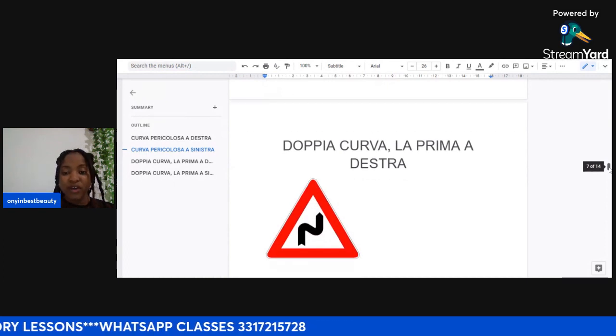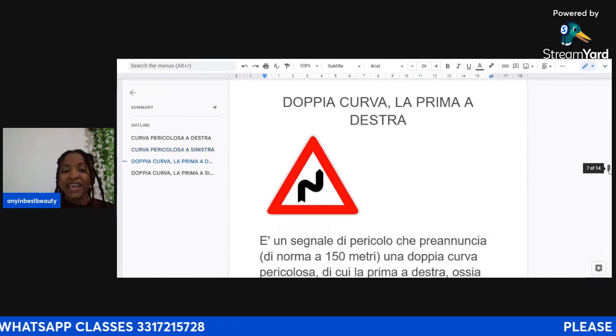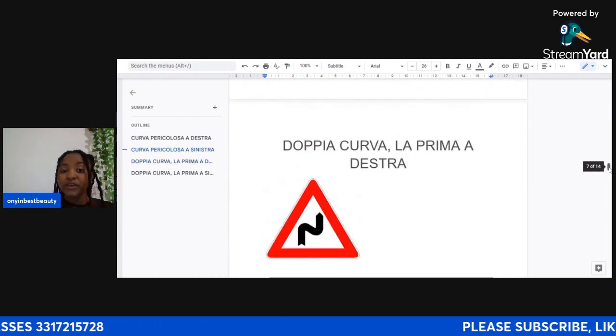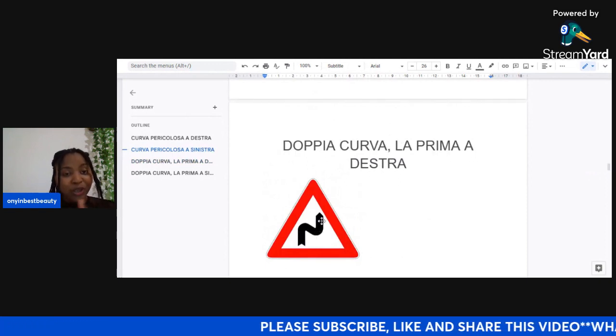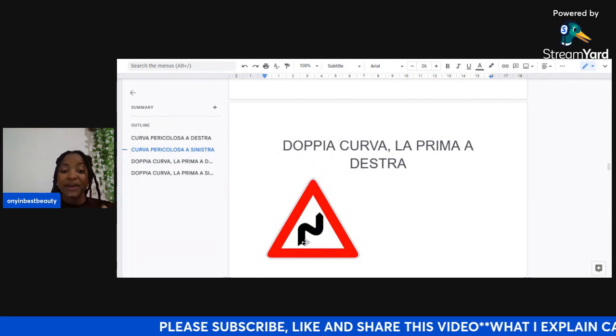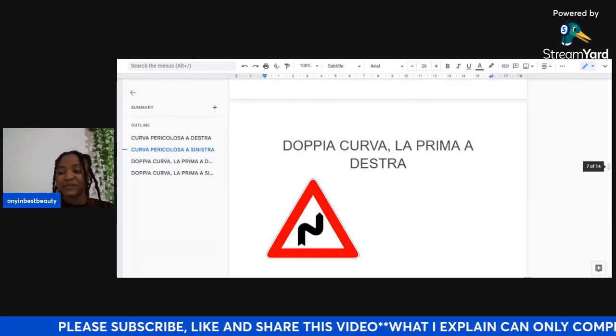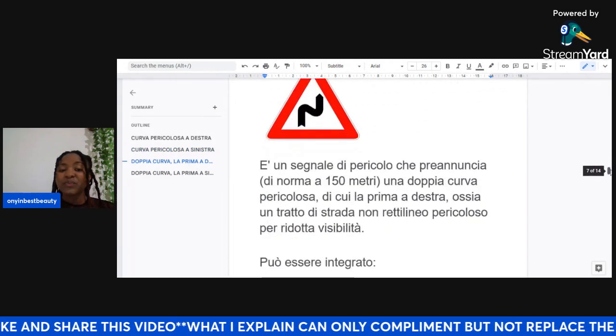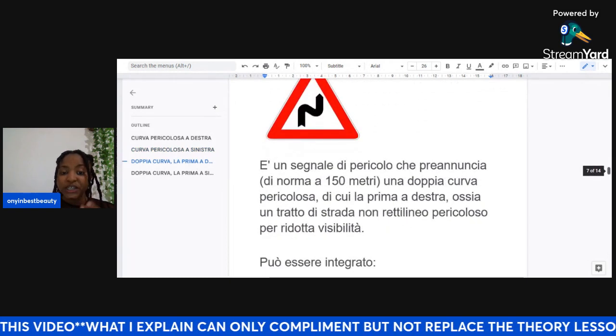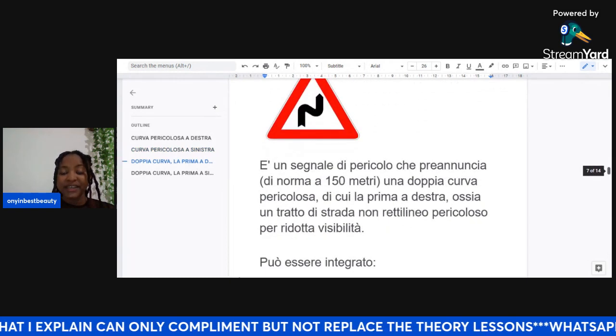Now we get doppia curva, la prima a destra. This one, they tell you of a double curve, the first one to your right, just as seen in this picture. Doppia curva, la prima a destra. Ok, guys? È un segnale di pericolo che preannuncia di norma 150 metri.